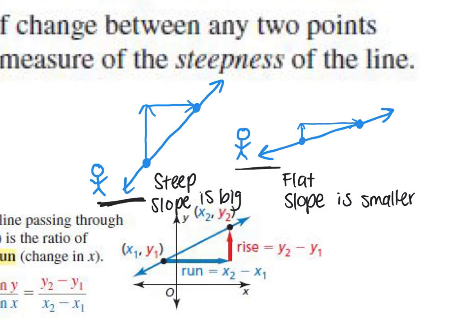So if we look at these, which slope should be bigger and why? Jonathan, what do you think? The steep one. Why? The first one is taller. The vertical component is much larger. Do you guys see that?